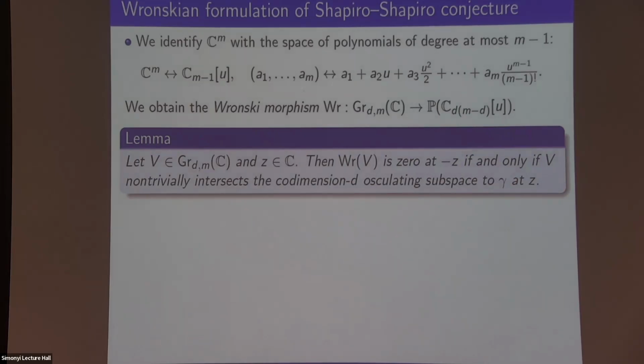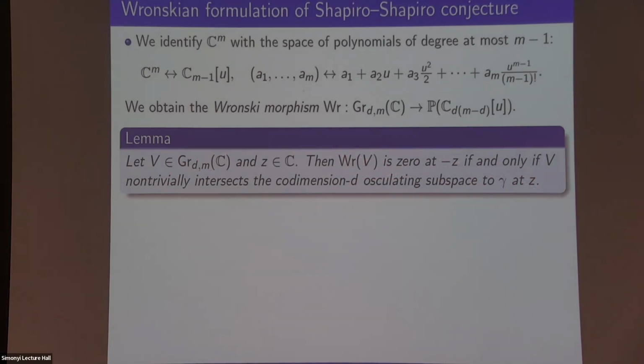Okay, the connection to what I was talking about before is the following. We were looking at Schubert problems defined by osculating subspaces. So V was supposed to non-trivially intersect some osculating subspaces. This lemma says that V non-trivially intersects the osculating subspace to our moment curve at z if and only if the Wronskian of V has a zero at negative z.